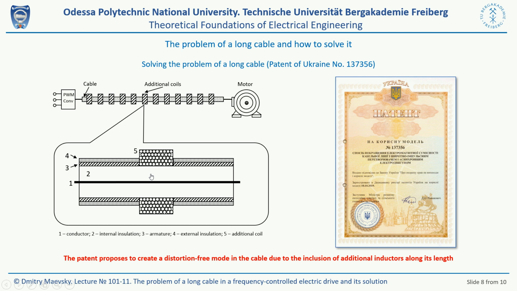These coils are included in the break of its outer conductive sheath. This well-known method was a new approach in the field of variable frequency drives. So it has been patented by us, and you can see the photocopy of the patent in this picture.